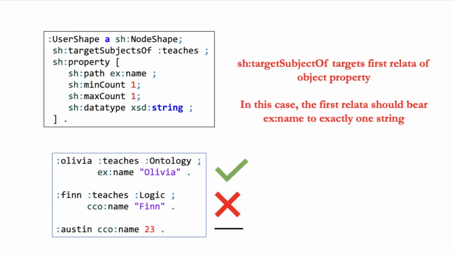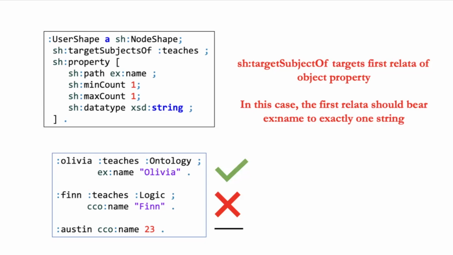And so it doesn't have EX name. So why is the bottom one ignored though? Wouldn't it be wrong too? Yeah. I mean, this one is ignored because I think the issue is that it is not related through teaches. So that constraint up there is saying, here are constraints on the relata, the X, the thing that stands in the X of the domain of teaches.